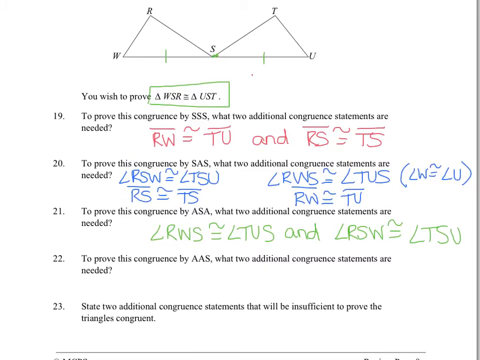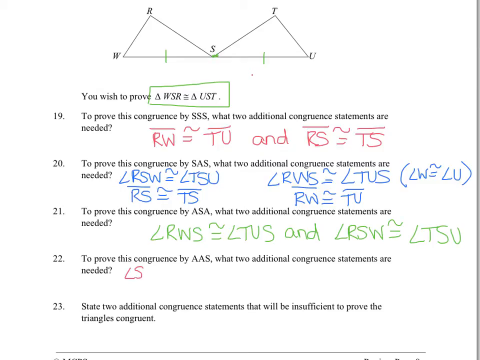For 22, to prove this congruence by AAS, what two additional congruent statements are needed? So that means we need two angles and our side. And so it can be this angle and this angle for angle, angle, side. Or we can take this angle, and side, angle, angle, side. So we're going to have two different answers.